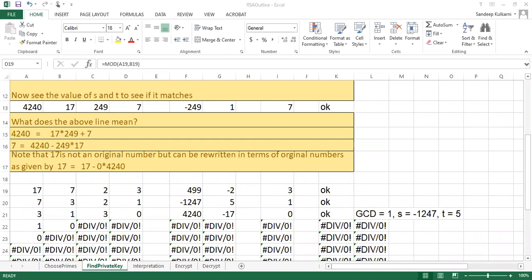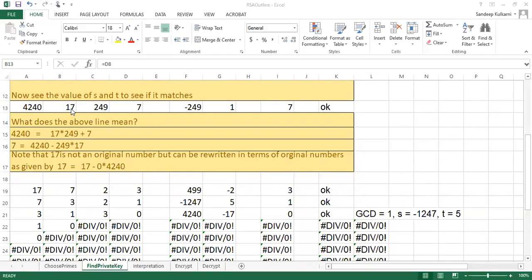Then we know that 7 can be expressed from this line over here. So we have 7 is equal to minus 249 times 17 plus 1 times 4240.